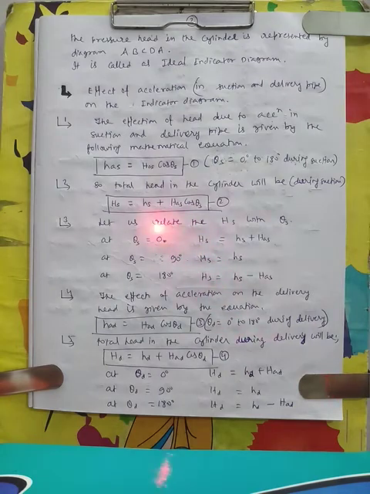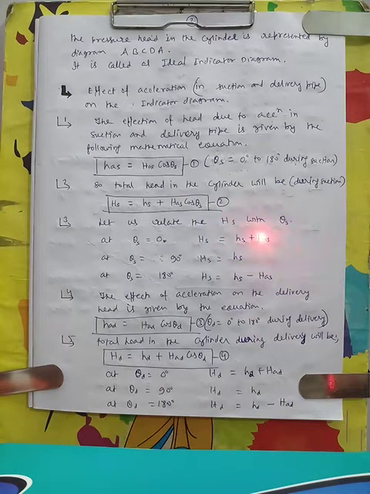First, when theta is 0 degree, at the starting of the stroke, the suction head is HS plus HAS, since cos theta is 1.